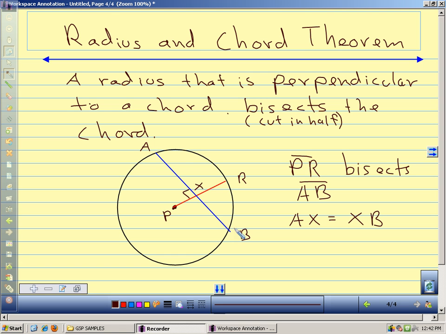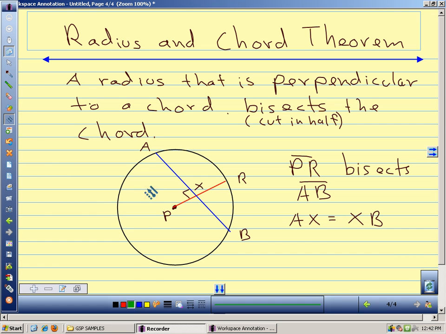What was our hint from yesterday? If we don't know what to do, draw in what? What part of the circle do we know is always the same no matter where it is? The radius. So we're going to draw in a radius. So here's my radius.